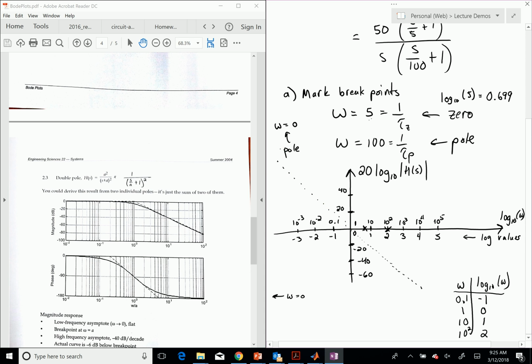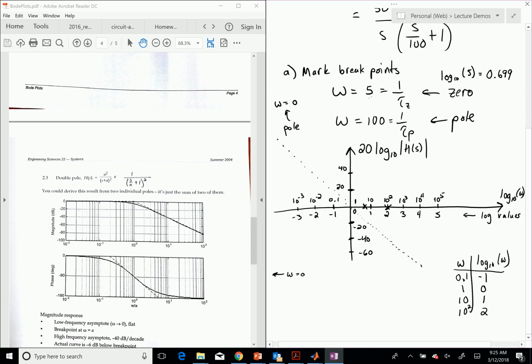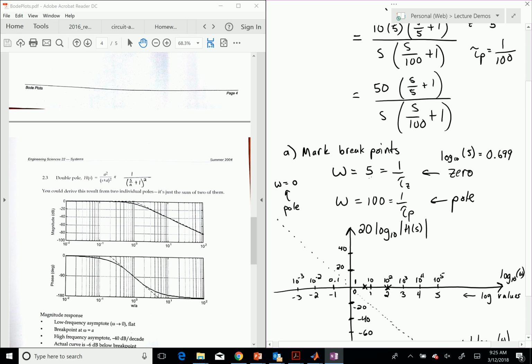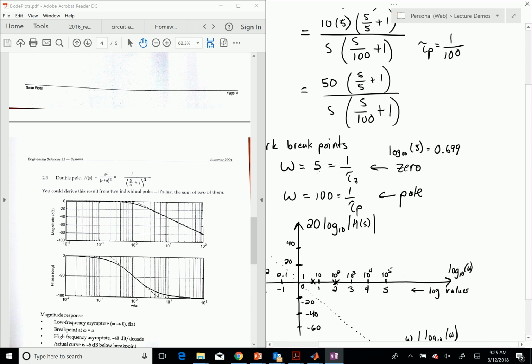Now, what am I drawing right there? What I'm drawing is basically negative 20 log 10 of omega. Remember, what we end up doing is plugging in j omega here.